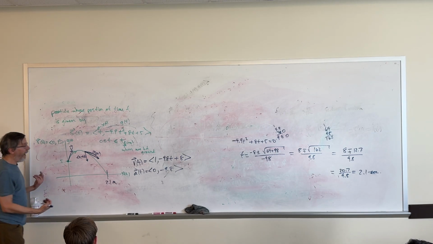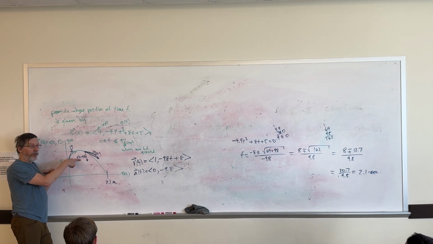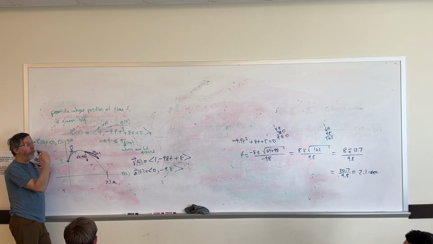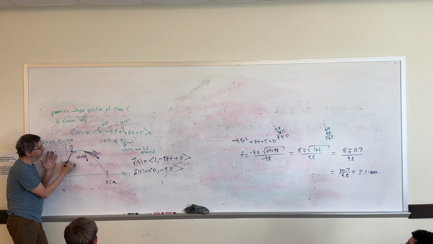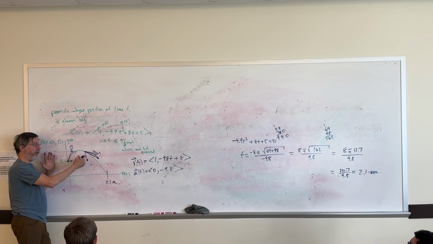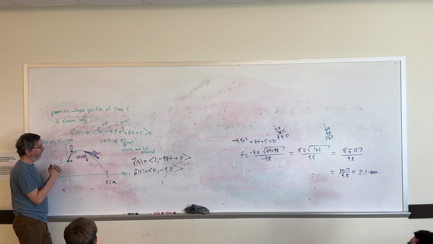So the gravitational force is not adding any acceleration in the horizontal component, solely acting down. So whatever horizontal component of velocity I set this thing off with, it will continue, assuming there's no air drag and all that kind of stuff. But it's going to continue with whatever horizontal component of velocity I started with.